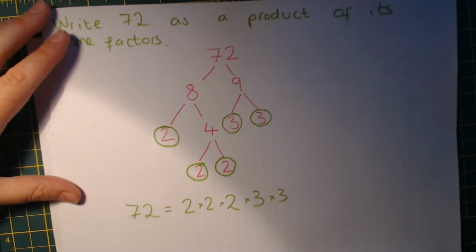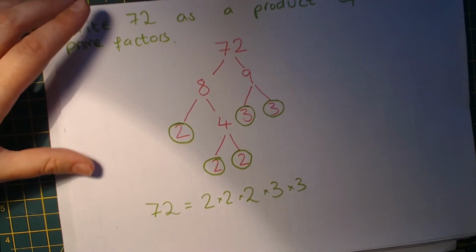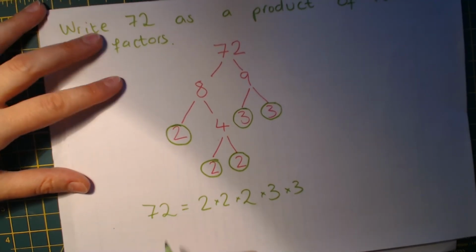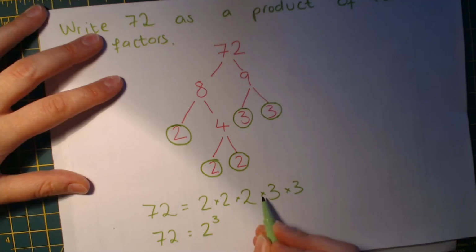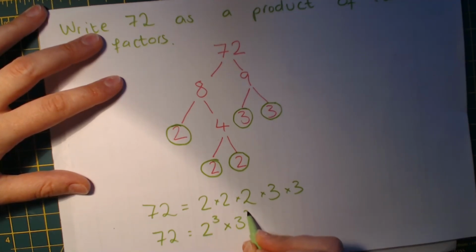And then in index form, because it's really nice if we can do this extra little bit, that becomes 72 equals 2 cubed multiplied, don't get mistaken and put a plus in there, we're still multiplying, by 3 squared.